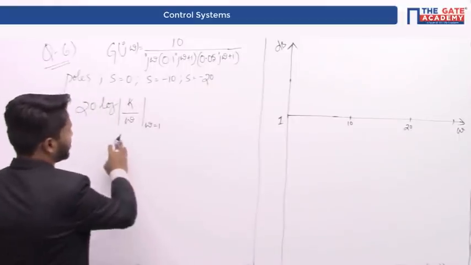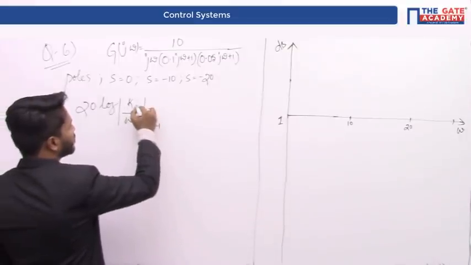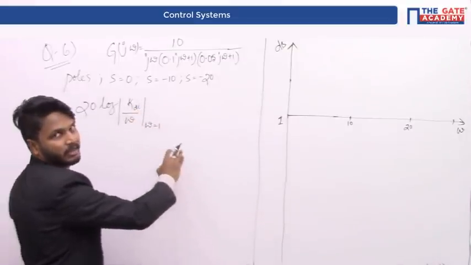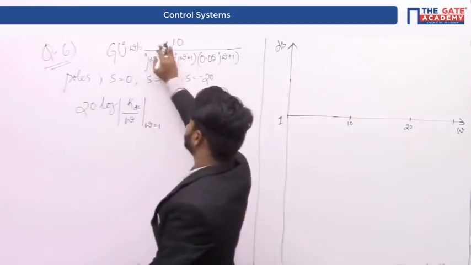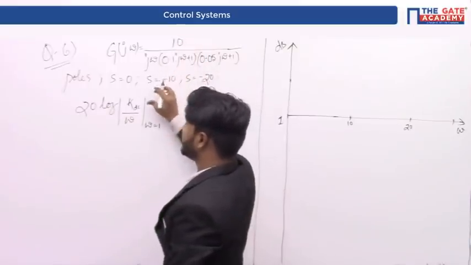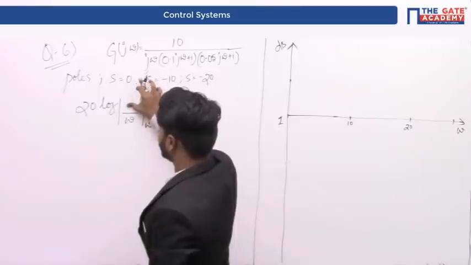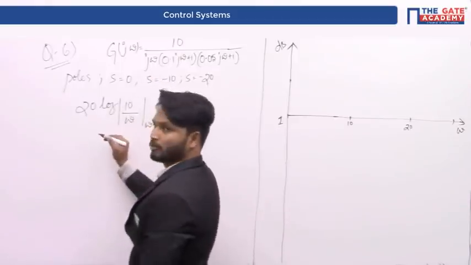The K_dc value is clearly visible, that is 10. Therefore, it is 20 log 10 by omega when omega is equal to 1.